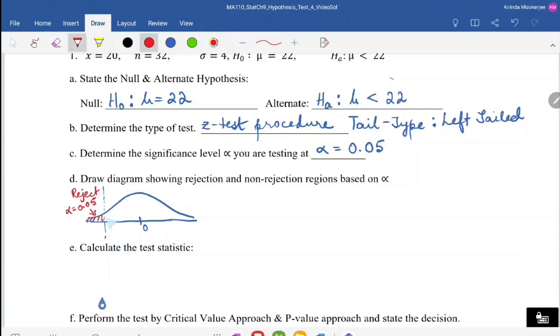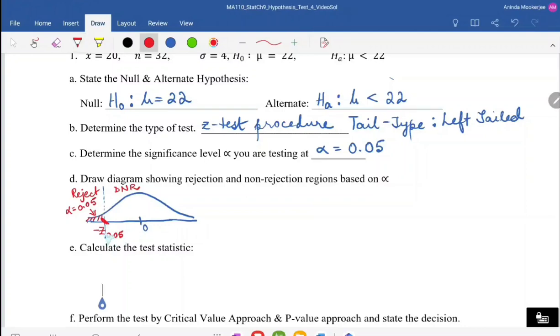So when we use the critical value approach, we will have to find the cutoff between the reject and the do not reject region, correct?